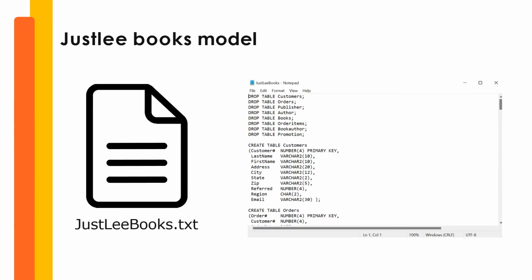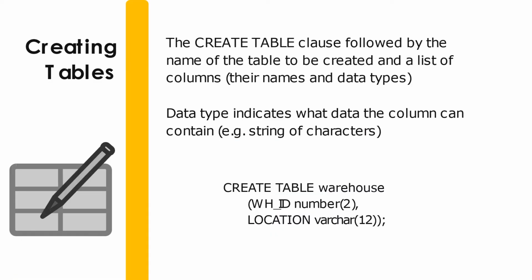The SQL script for the Just Leave Books model can be found under week 7 in Blackboard. To create tables in SQL, we use the Create Table clause, followed by the name of the table to be created and a list of the columns, their names, and the data types. In here, we can see an example of creating the table warehouse.